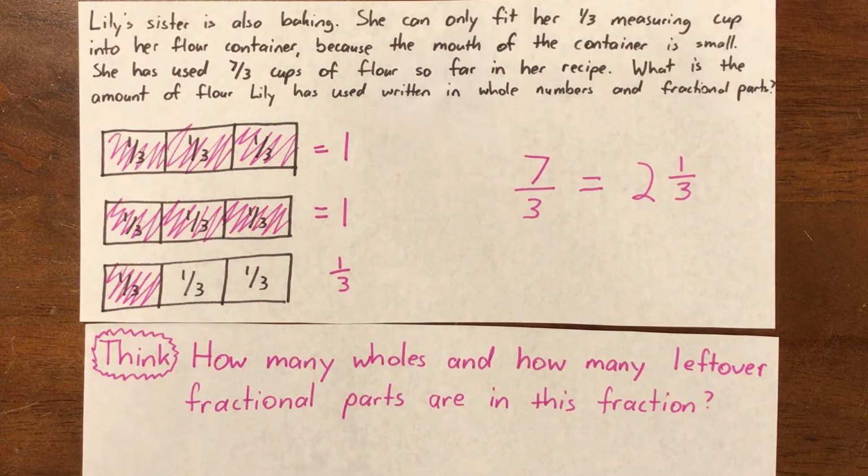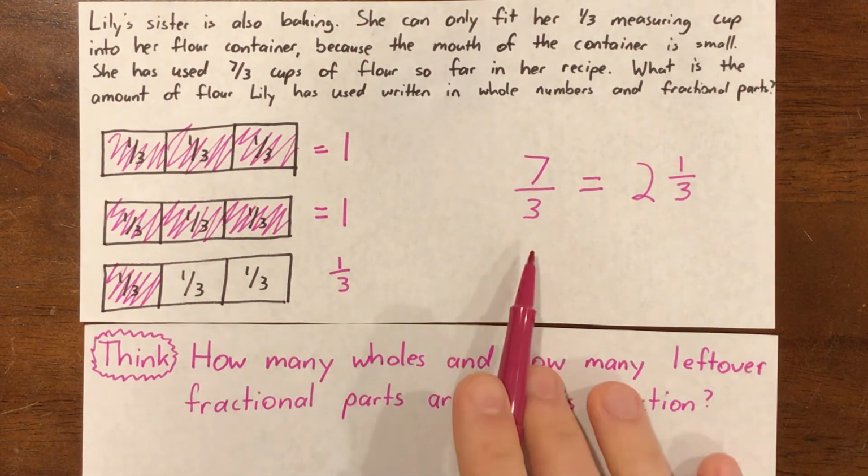Right, that denominator is telling us how many fractional parts are in one whole. And we have to know how many parts are in one whole if we're going to count all the parts to write a mixed number as a fraction greater than 1, or if we're going to regroup fractions as whole numbers if we want to actually write the fraction as a mixed number.